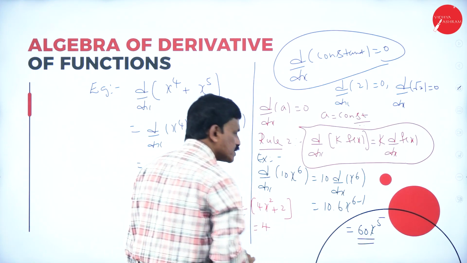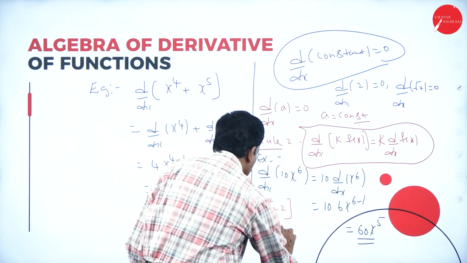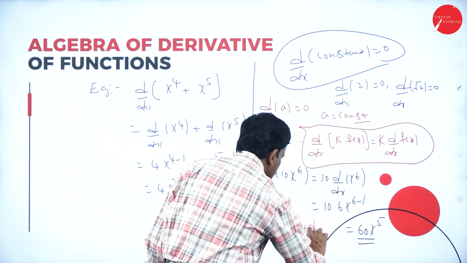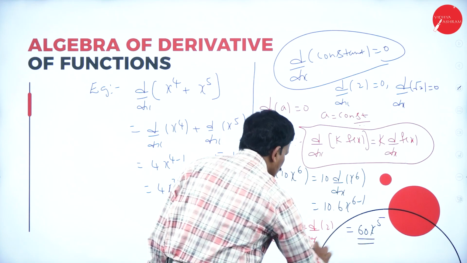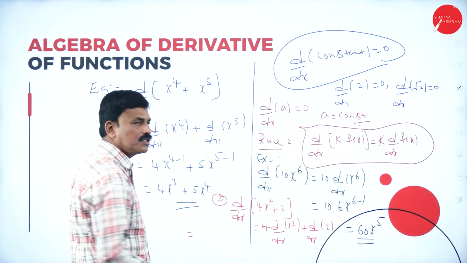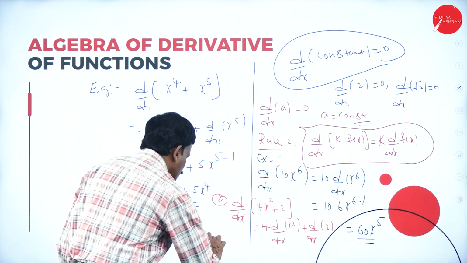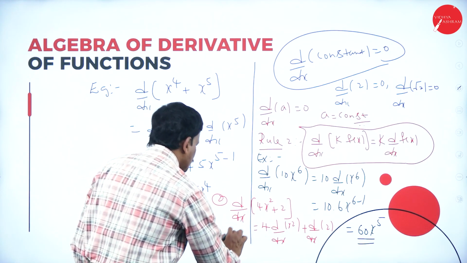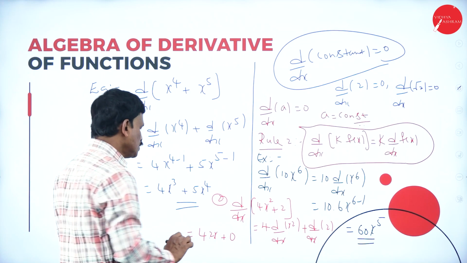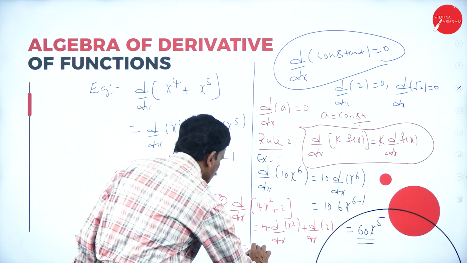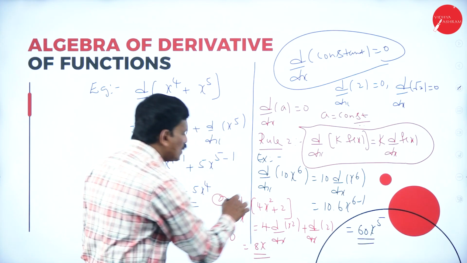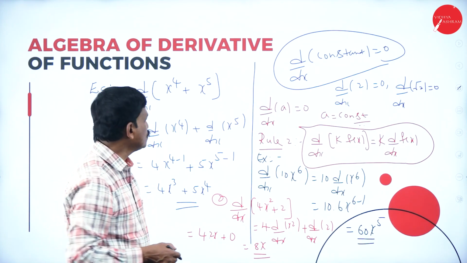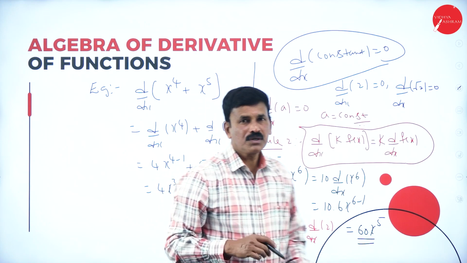Here 4 is a constant, so 4 into d by dx of x square, plus d by dx of 2. As you know, a constant into a function means the constant is kept out, and the differentiation of x square is 2x, plus the derivative of a constant, which is 0. So this is equal to 4 into 2, which is 8x. So, the derivative of 4x square plus 2 is 8x. This is how we differentiate using rule number 1 and 2.